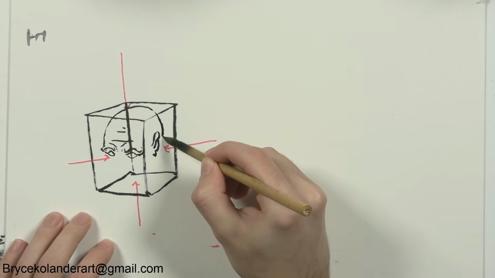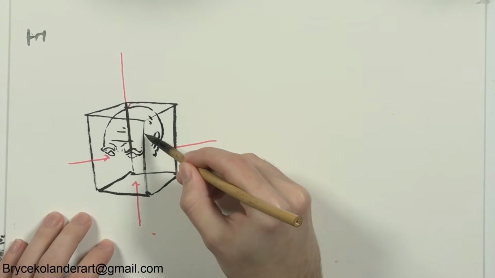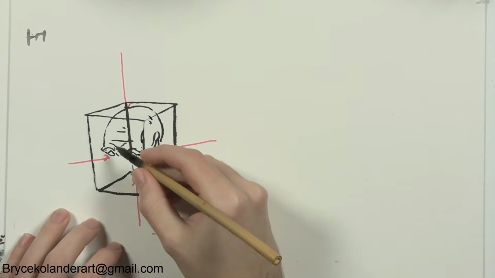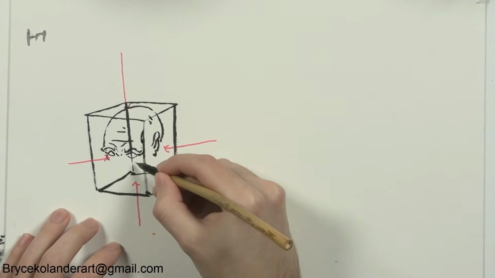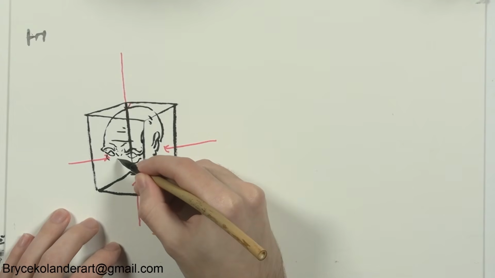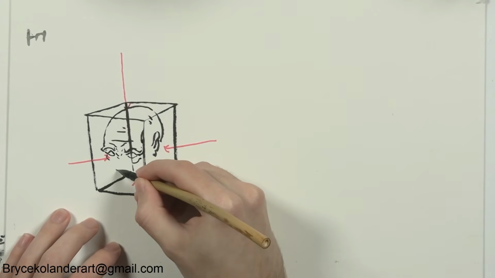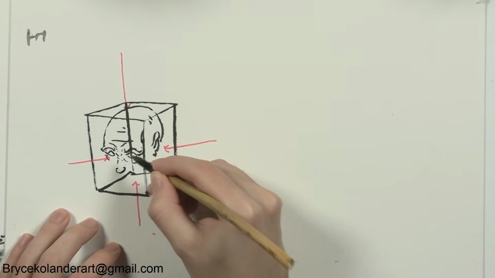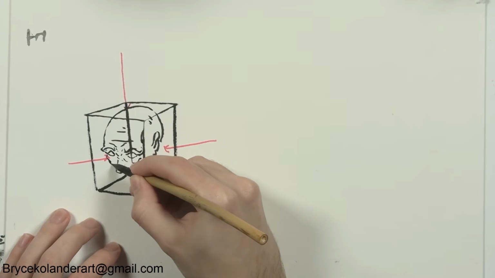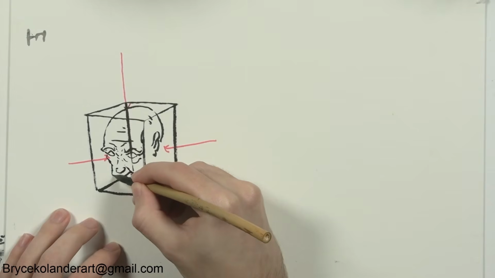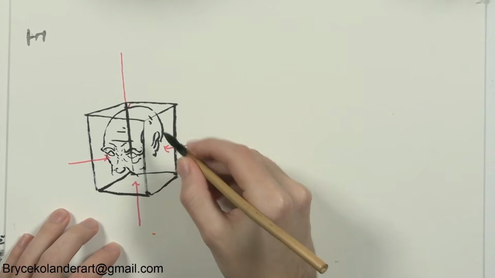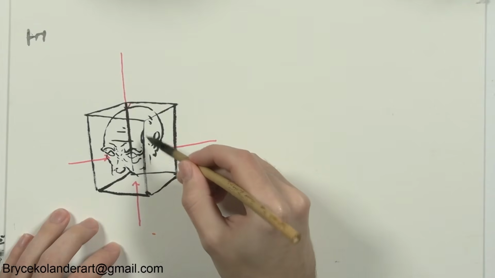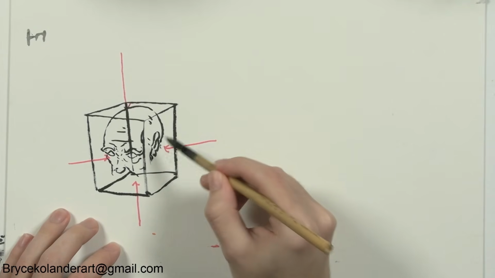So it's a lot about the planes and where things don't go past or where things do go past. And when I'm drawing inside of the box, for me personally, I'm not thinking too much about the box. I'm just drawing the character. Otherwise, he's gonna look very weird since I'm not used to drawing in a box.